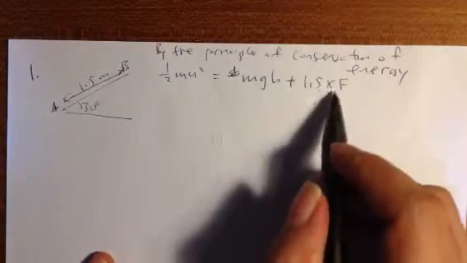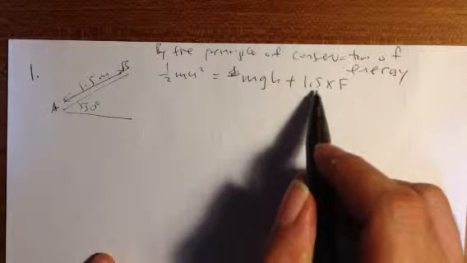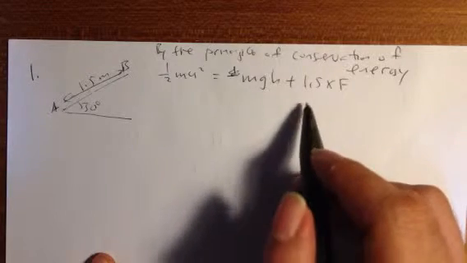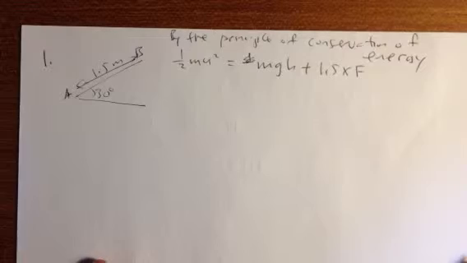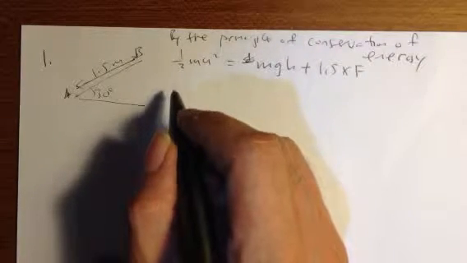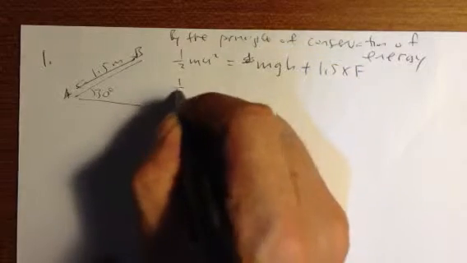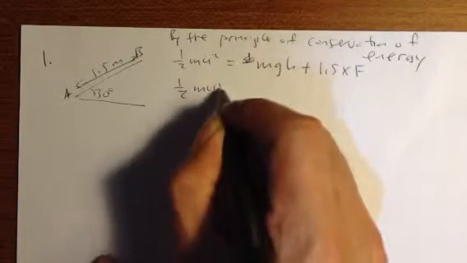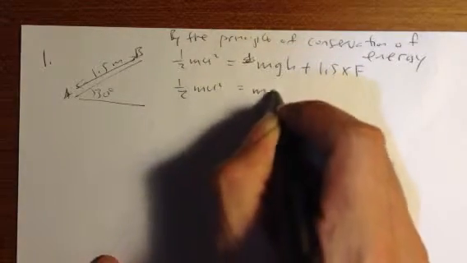Force multiplied by the distance covered is the work done, so that's the energy loss. So that's equal to half mu square plus mgh.